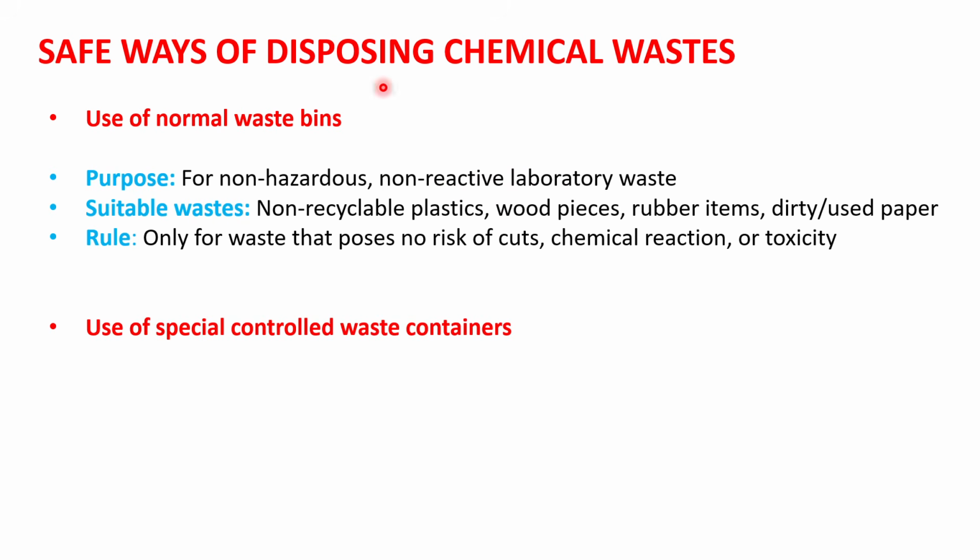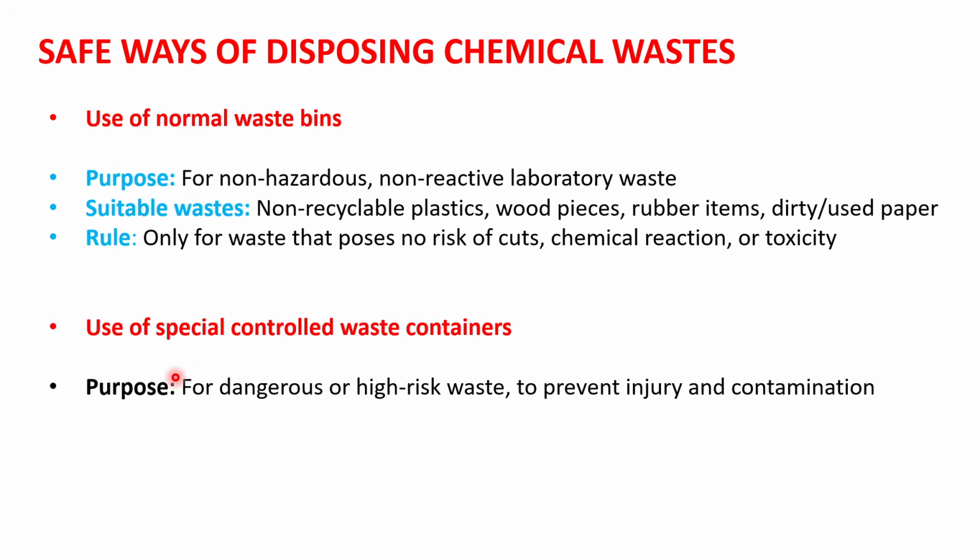Another technique to dispose of chemical waste safely is to use special controlled waste containers. Take note, these are not waste bins. These are special controlled waste containers. The purpose of using special controlled waste containers is to dispose of dangerous or high-risk waste to prevent injury and contamination.